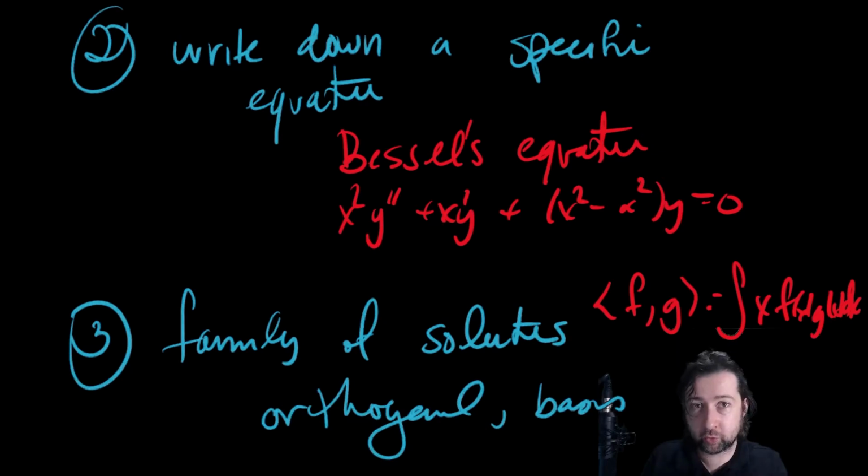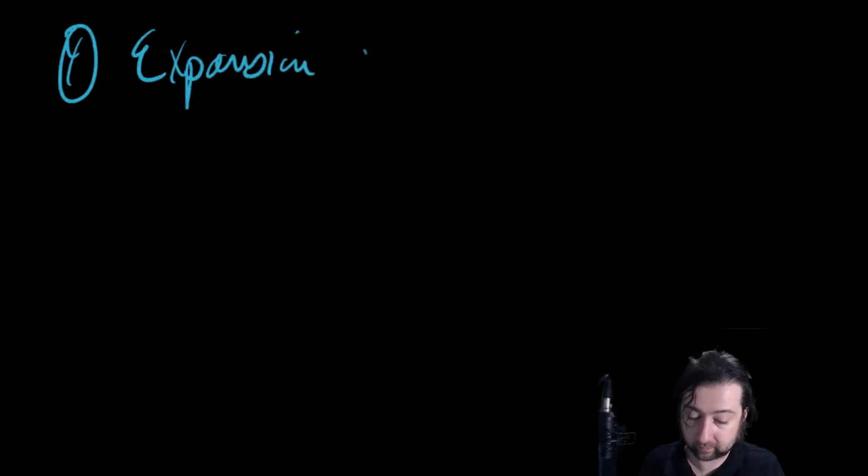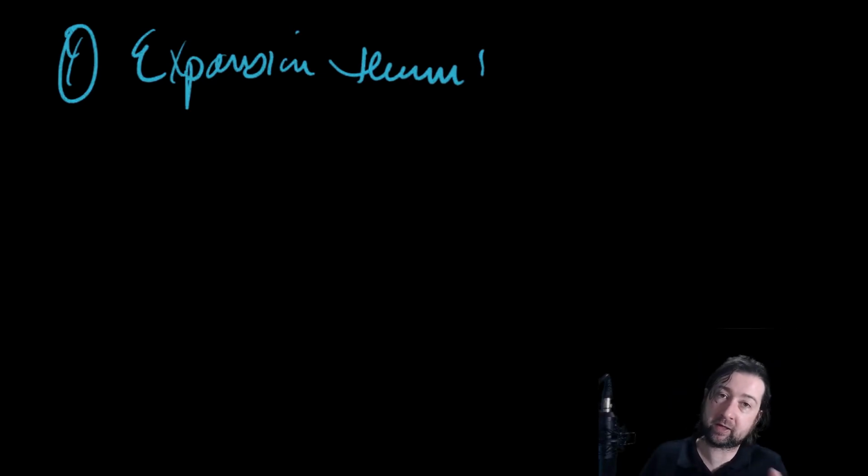And then the crowning jewel is we're going to be getting an expansion theorem, hopefully. So just as in the case of series solutions and the Legendre polynomials, I want an expansion theorem. That is, I want to be able to express any function in terms of solutions to a Bessel equation.